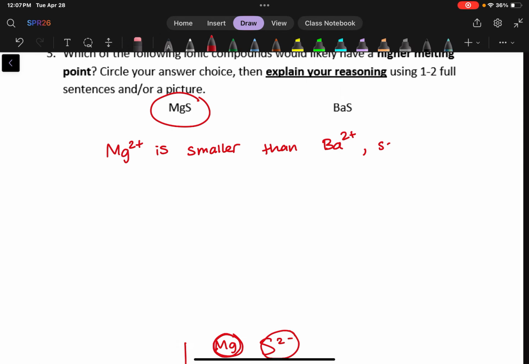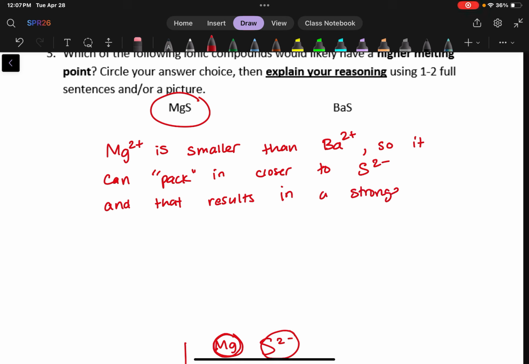So it can, let's say, pack in closer to sulfur, and that results in a stronger, let's be super fancy and say electrostatic attraction, making it more stable.